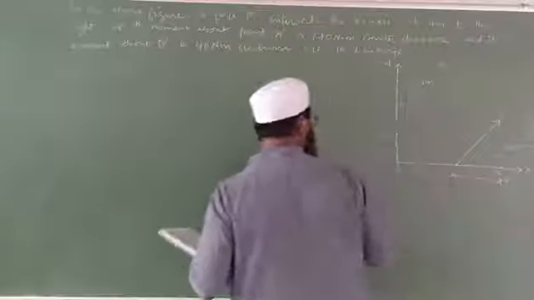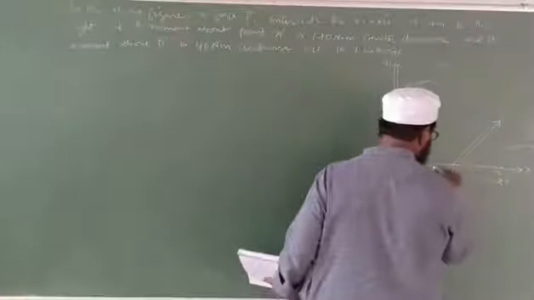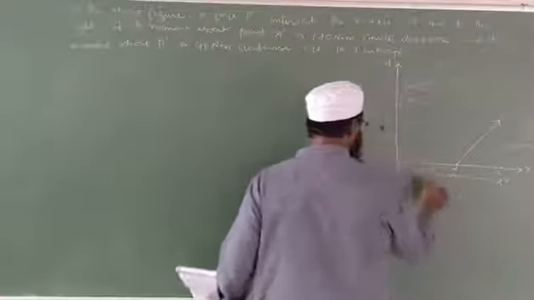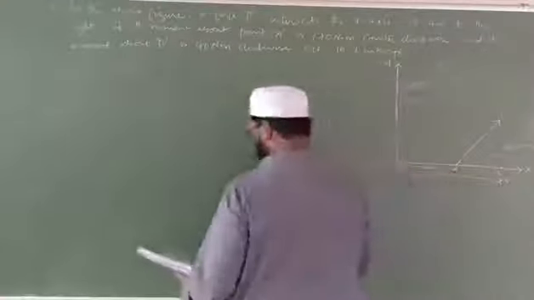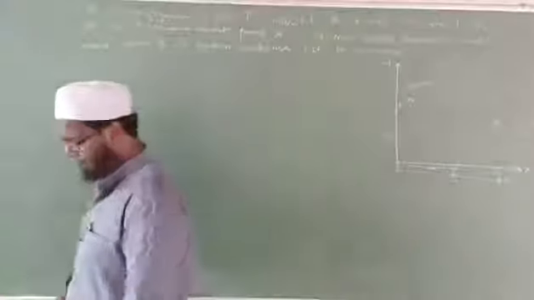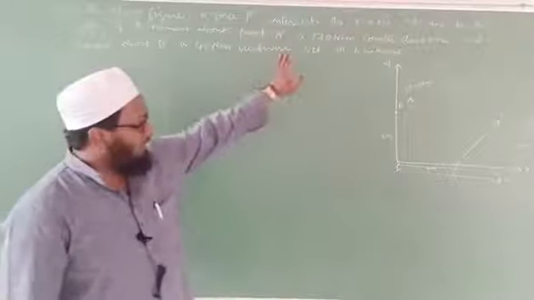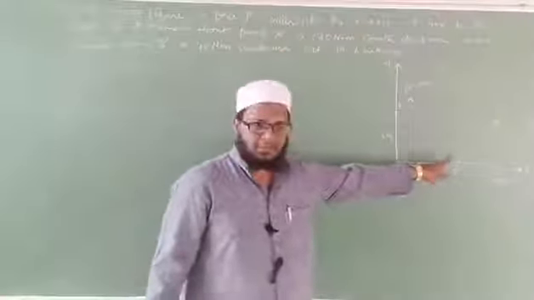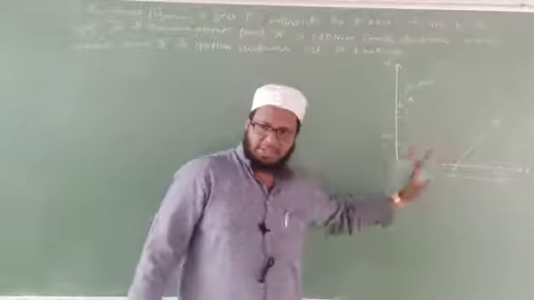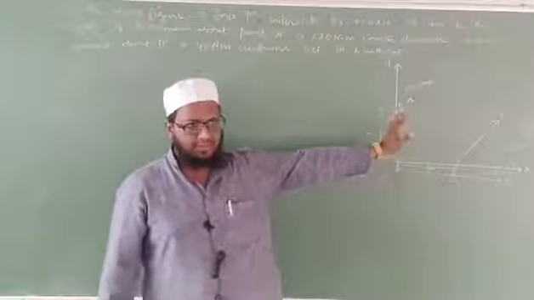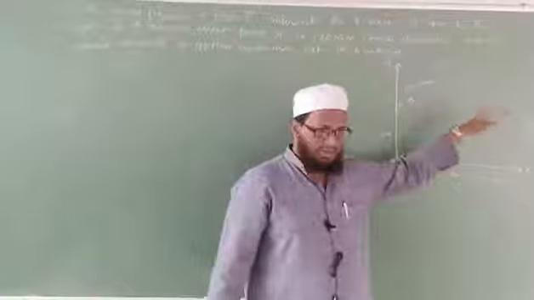The diagram is given in the question. This is 4 meter. So here in this question, there is one force P which is going up to the right. It is going to the right, up to the right.